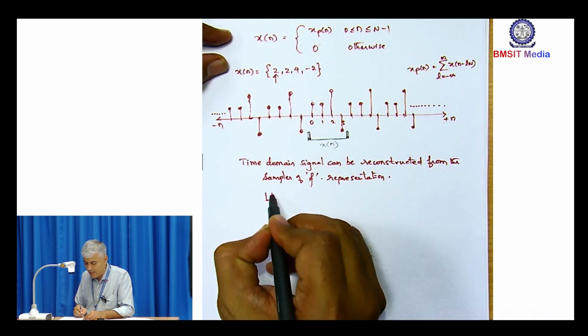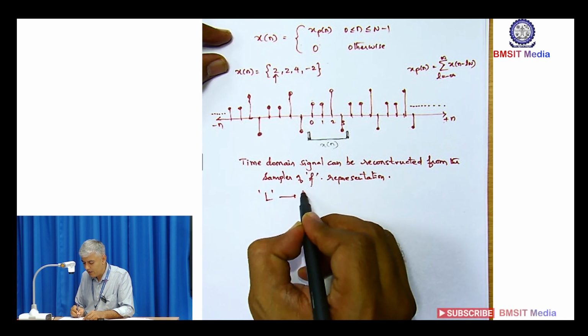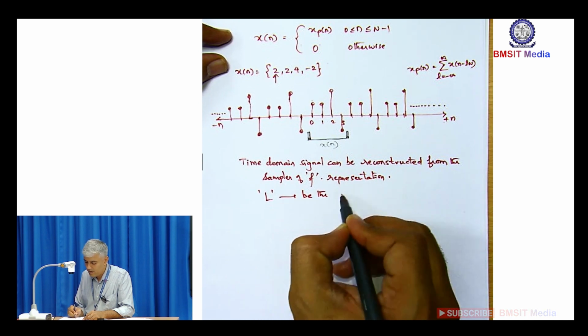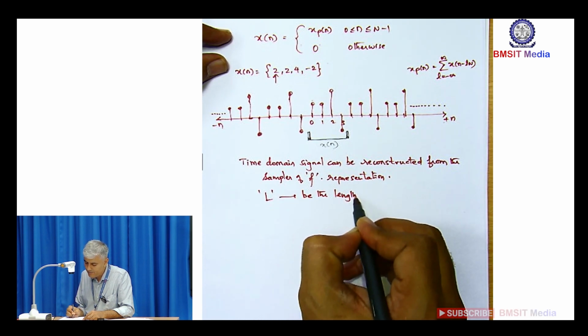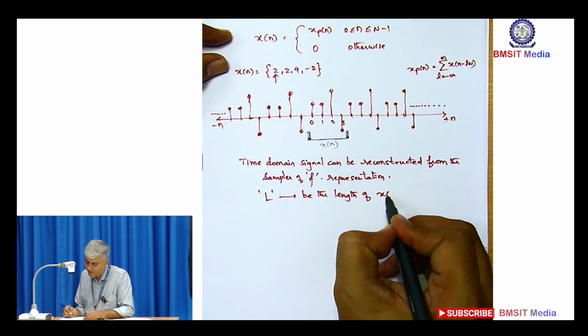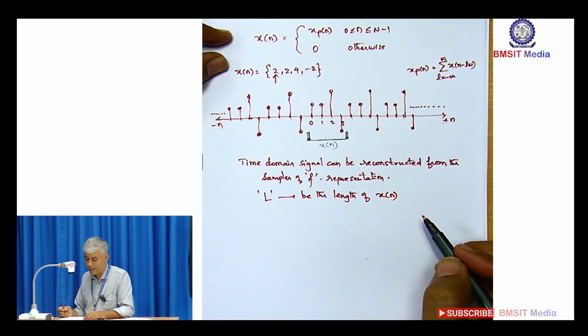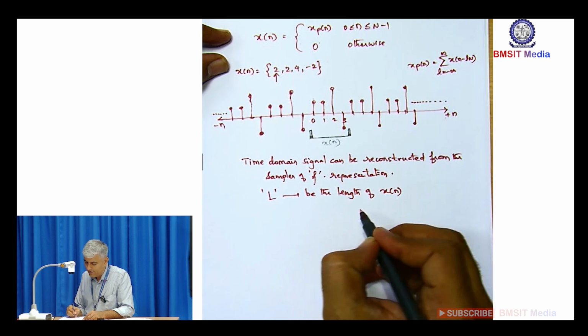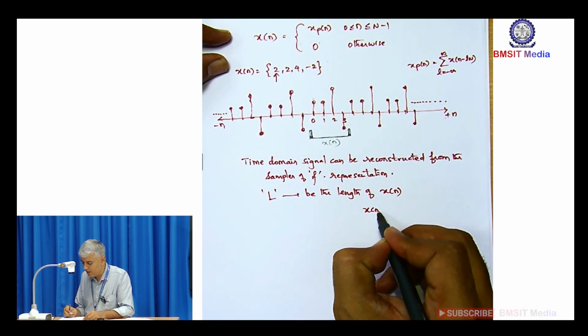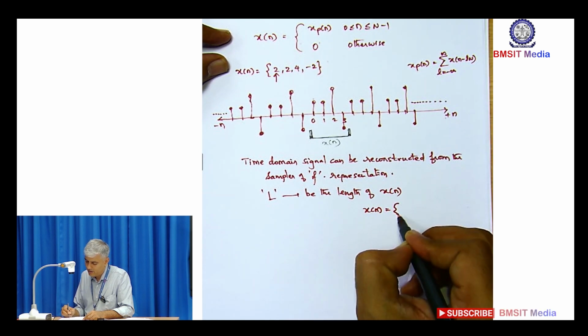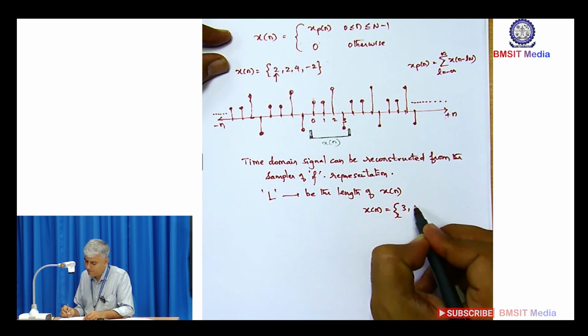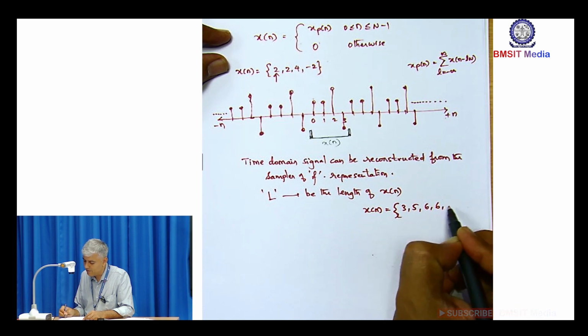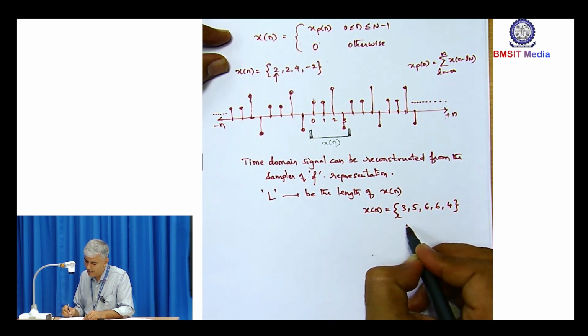Let L be the length of x of n. For example, if I have a signal x of n, say 3, 5, 6, 6, 4, what is the length?